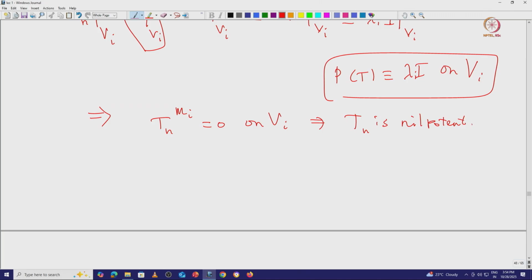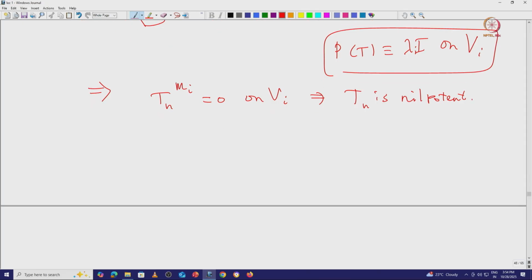Okay, this proves that both T_n and T_s satisfy the necessary conditions that are required, and uniqueness just follows from the properties of T_s and T_n. Suppose you write T as S plus N, which is equal to T_s plus T_n, where S is semisimple, let us say, and N is nilpotent. Then you can rewrite this equation as follows.